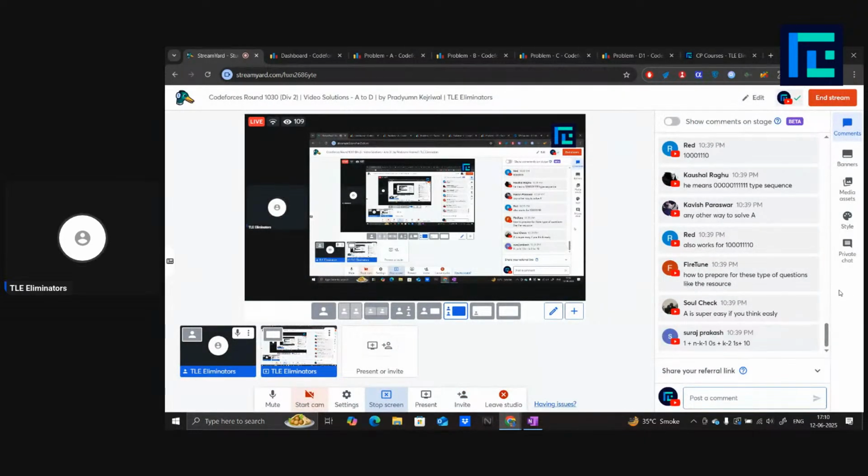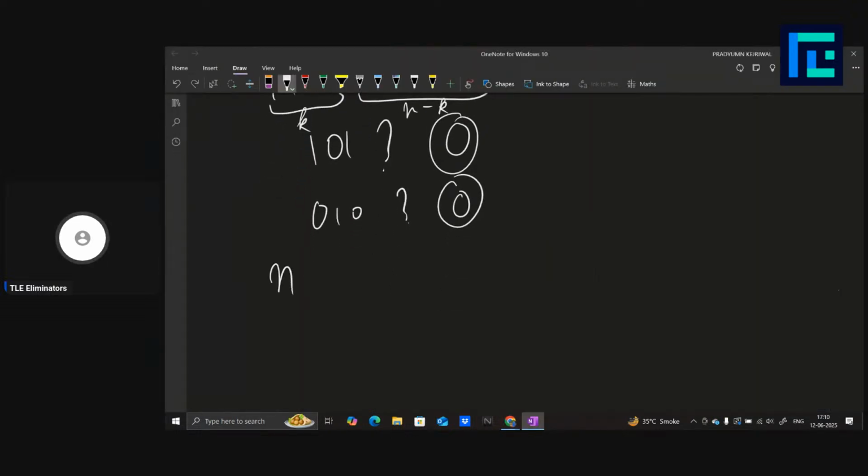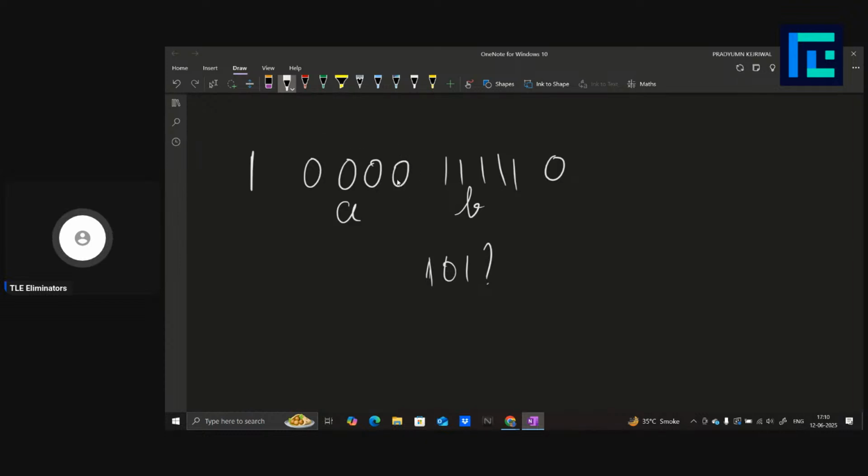So why does this work? Let us think. In the general case, we have a single one, then some zeros, then the rest of the ones, and then a single zero, right? So how many 101 are there? Basically, this number times this number.